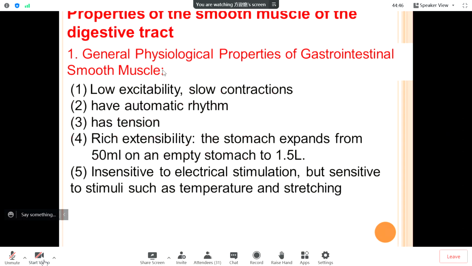This smooth muscle is different from skeletal muscle and cardiac muscle. Gastrointestinal smooth muscle has low excitability and can contract, and it has automatic rhythm.